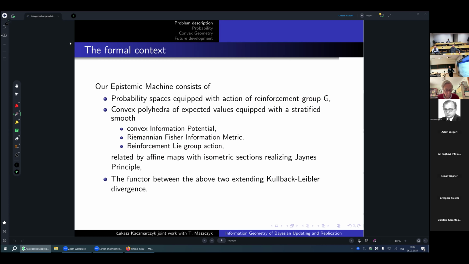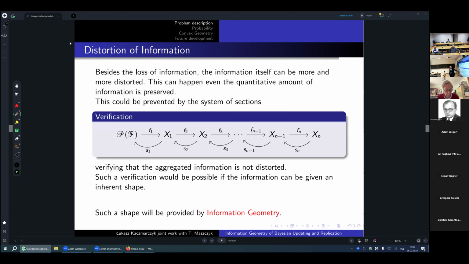The morphisms in this convex setting will be nicely connected both ways, just like we saw here. So this will be just surjective affine maps, and these here would be sections of these, but not any sections.